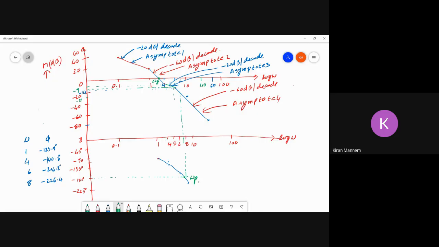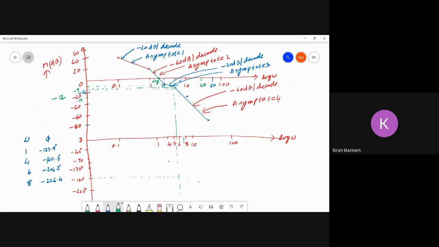This is your crossover frequency. At minus 12 dB we have 180 degrees.